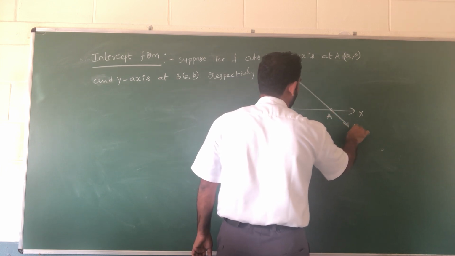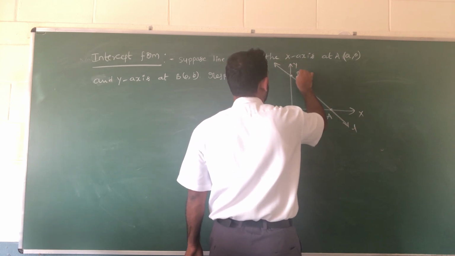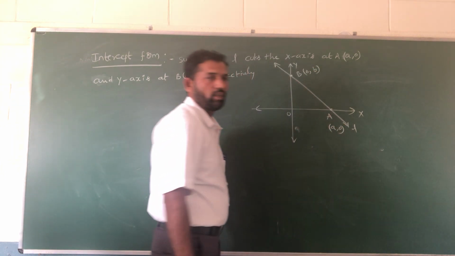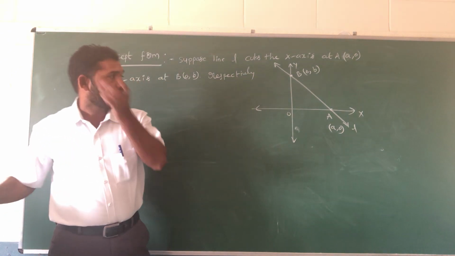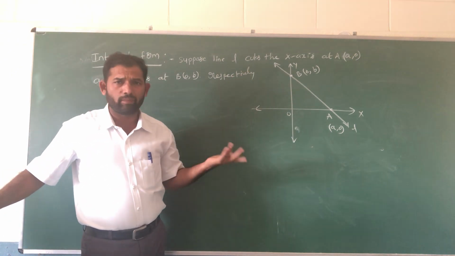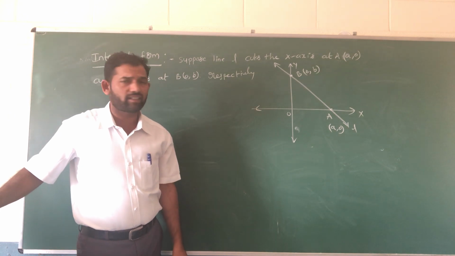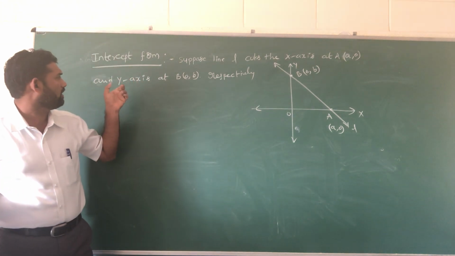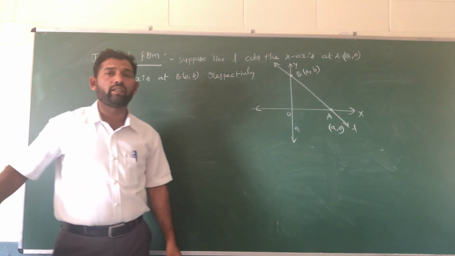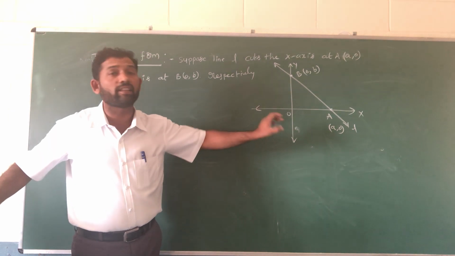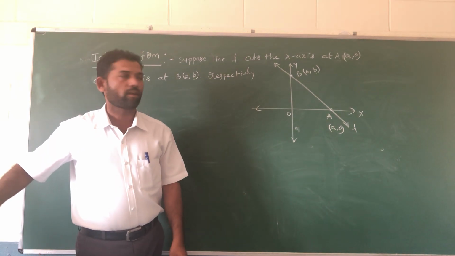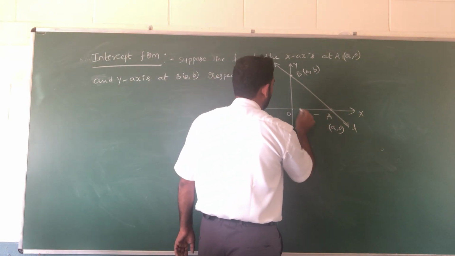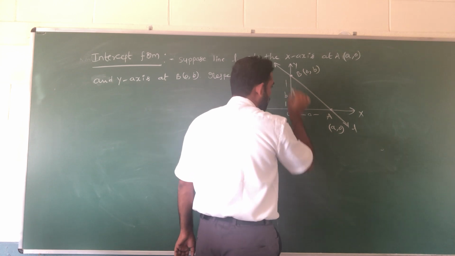B point is 0 comma B, A point is A comma 0. So line L cuts or meets the x-axis at A comma 0 and cuts the y-axis at 0 comma B. So what is the equation of the line? Here to here distance is small a, and here to here distance is small b.